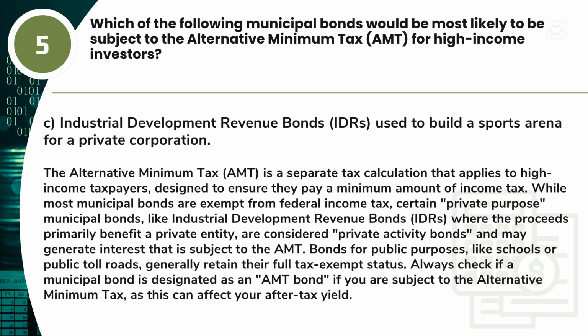While most municipal bonds are exempt from federal income tax, certain private-purpose municipal bonds, like industrial development revenue bonds, IDRs, where the proceeds primarily benefit a private entity, are considered private activity bonds, and may generate interest that is subject to the AMT. Bonds for public purposes, like schools or public toll roads, generally retain their full tax-exempt status.